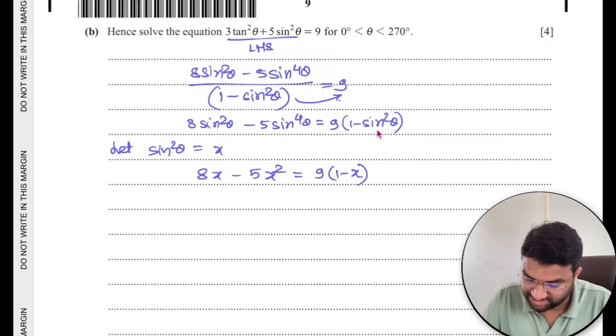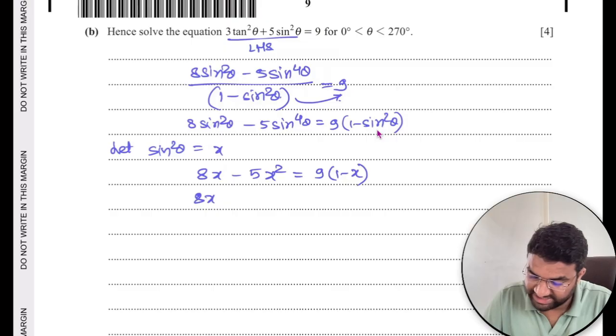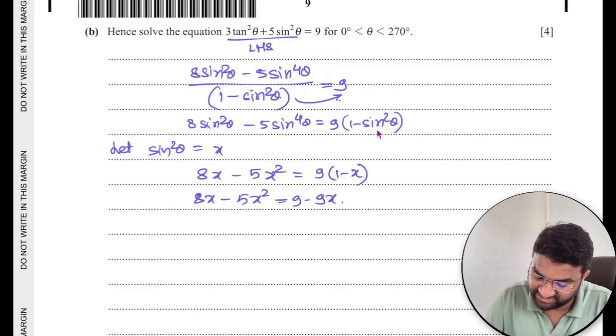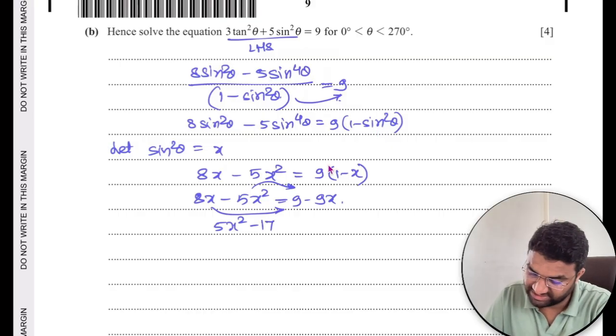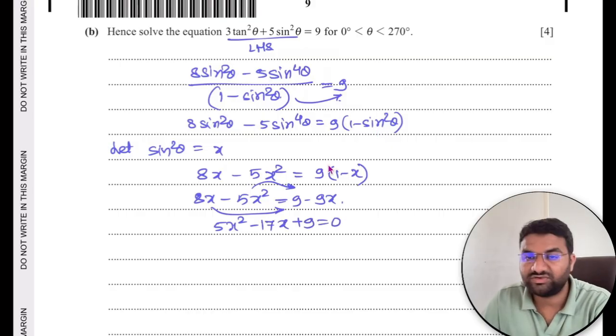So 8x minus 5x square is equal to 9 minus 9x. Transfer all these to the right hand side: 5x square minus 9x minus 8x, which is minus 17x, plus 9 is equal to 0.